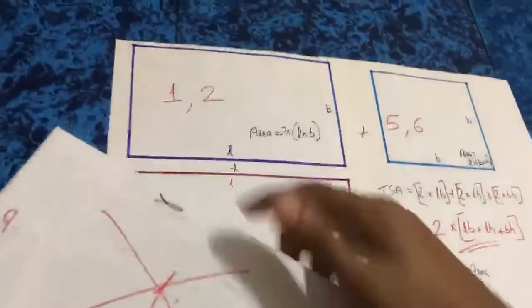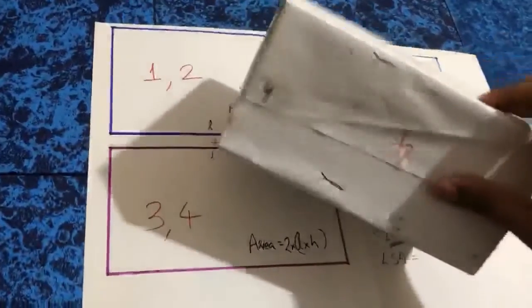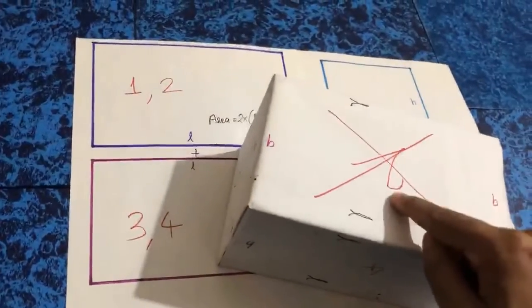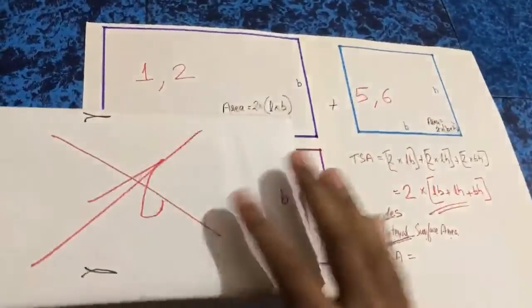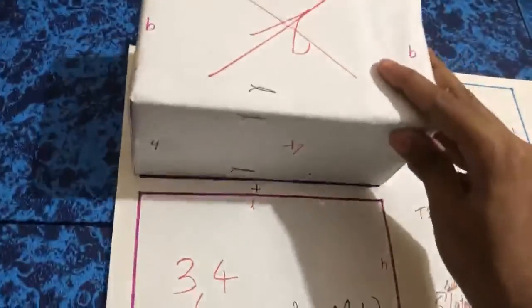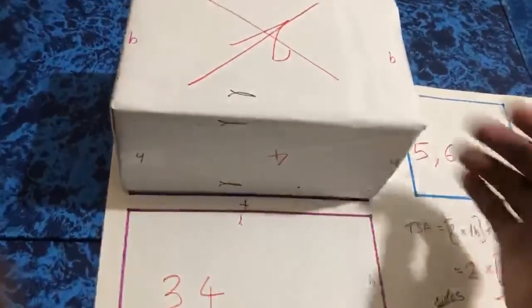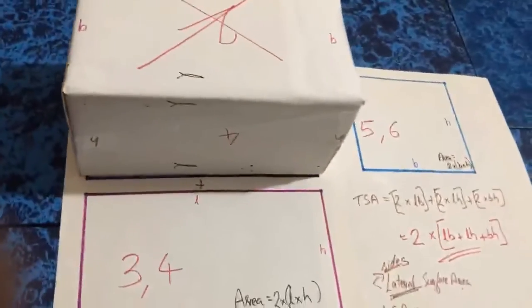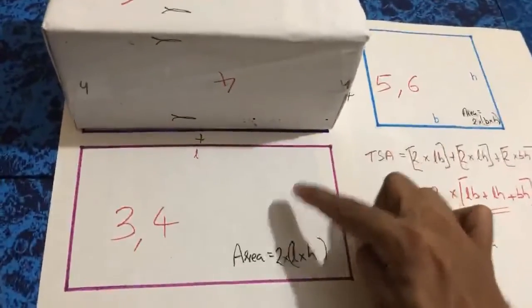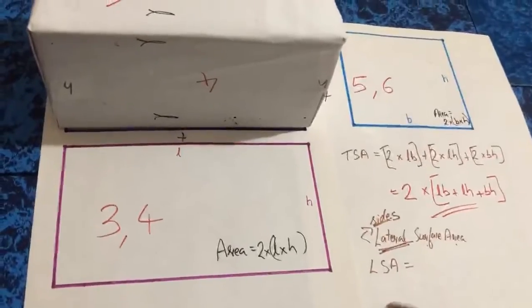For example, 1 and 2 are the opposite sides. If I keep 1 as the base, 2 will be the top. So lateral surface area is the surface area for the sides. Leaving out 1 and 2, everything else becomes the lateral surface area. So adding this area plus this area will give me the lateral surface area.